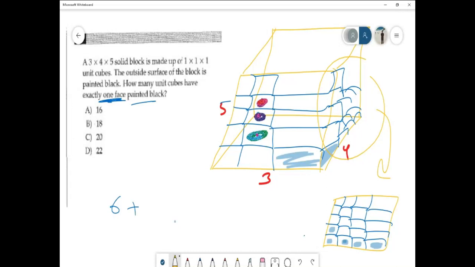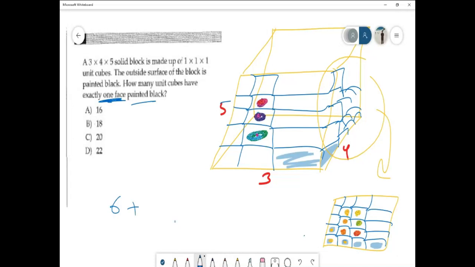So if I paint these blocks, more than one face of these blocks will be painted.